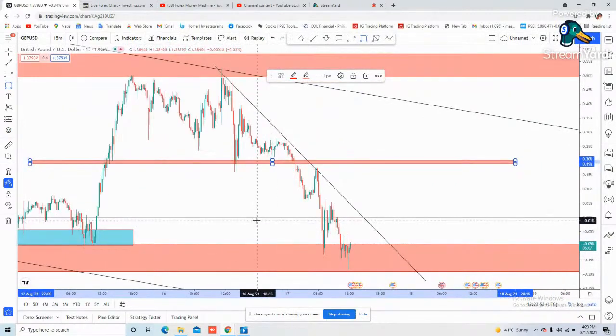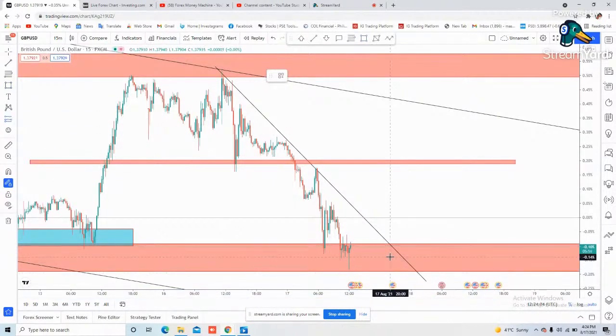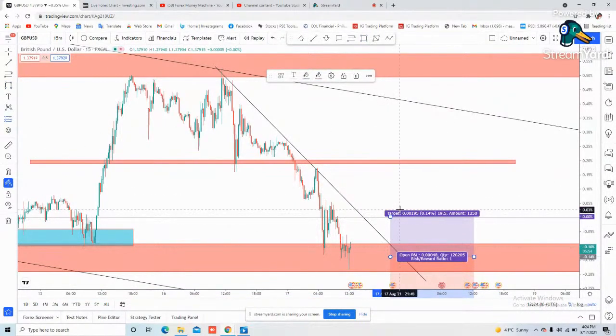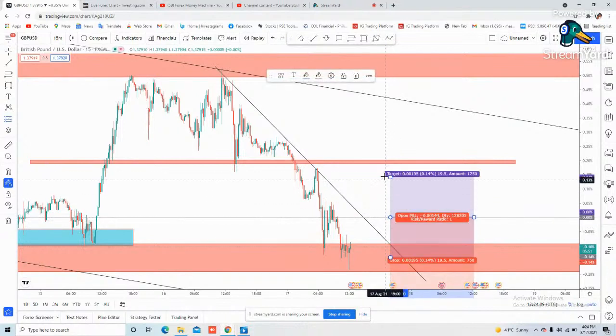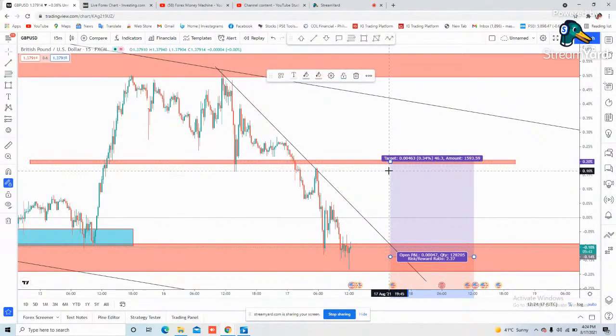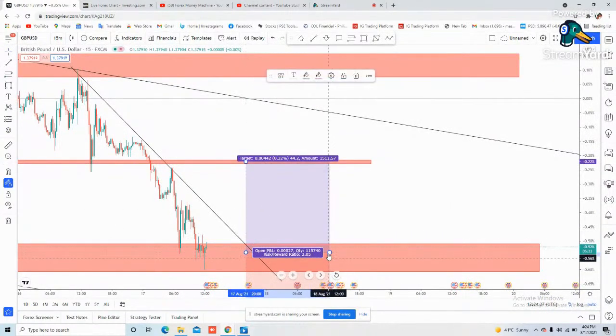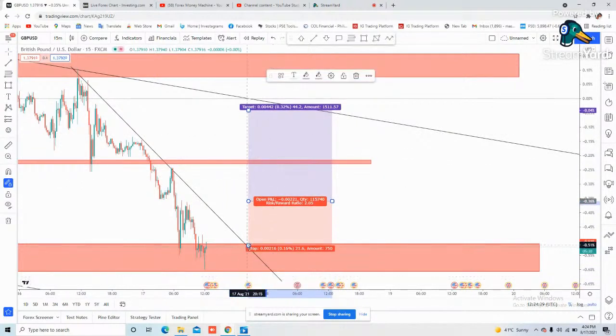If you're gonna have this long position here, you see how much the target price and your risk reward ratio here. Stop loss.